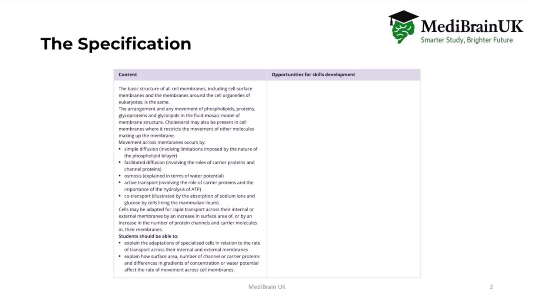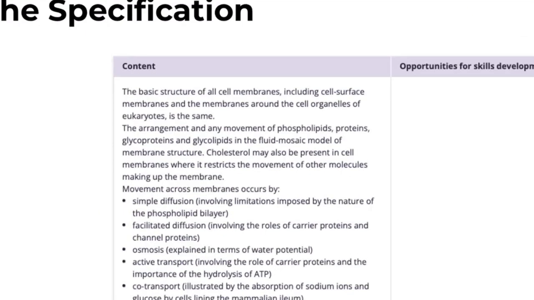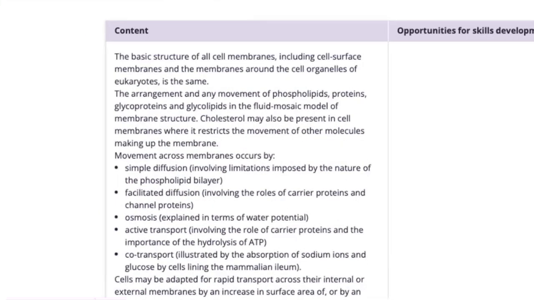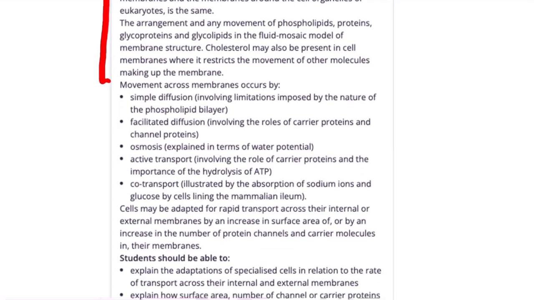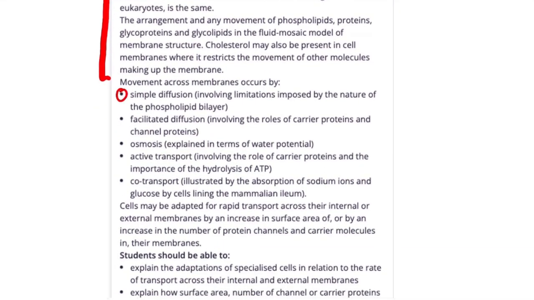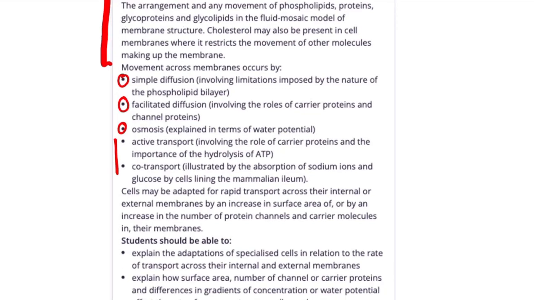So if we make a start again, here's the specification. In terms of what we did last lesson, we did all of this over here. This was the content that you needed to know. We looked at simple diffusion, facilitated diffusion, and osmosis. Today we're going to do active transport and co-transport, and we will also look at this at the end.